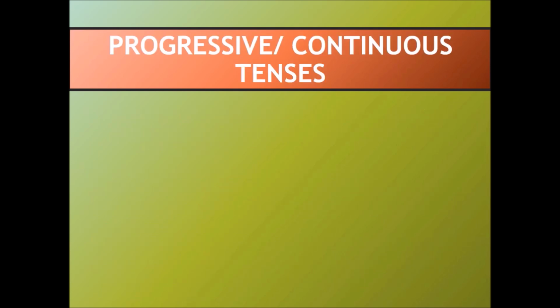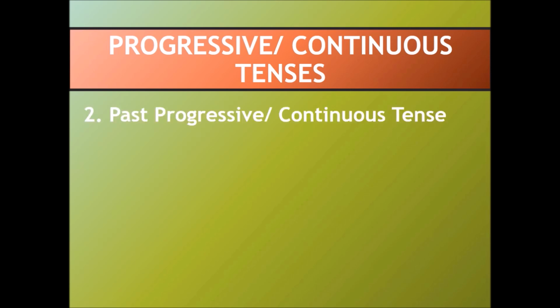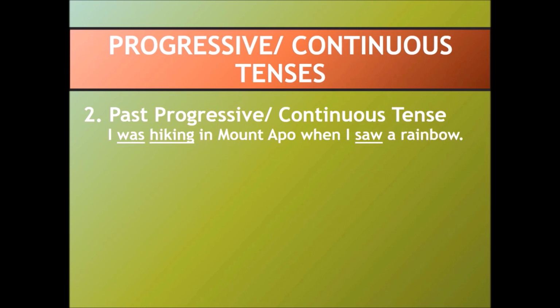The second progressive continuous tense is the past progressive continuous tense. Example here: I was hiking in Mount Apo when I saw a rainbow, wherein was is a helping verb for the main verb hiking. And on the second clause, the verb is saw, which is in its simple past tense.